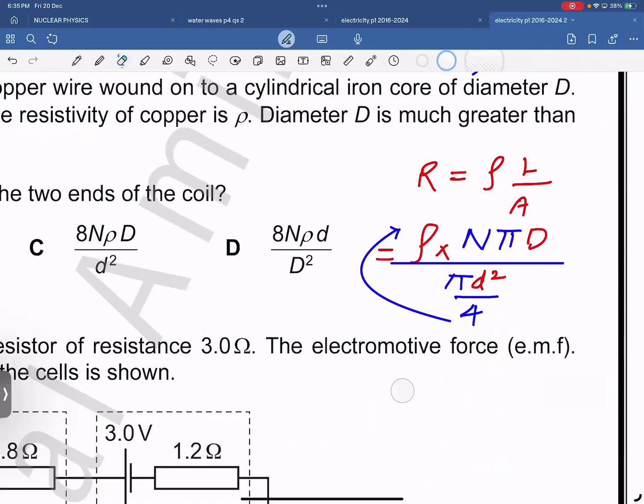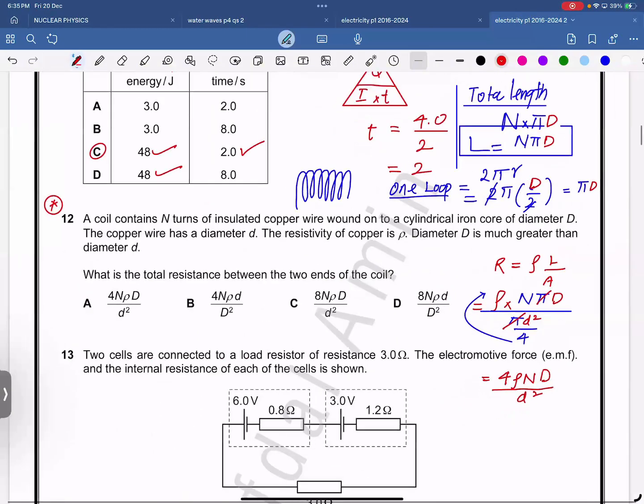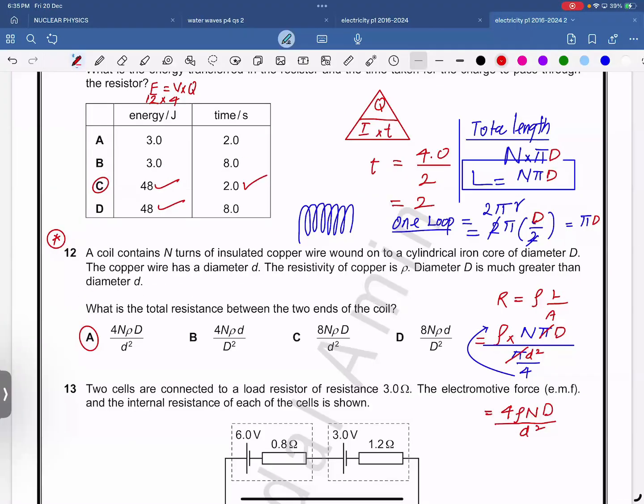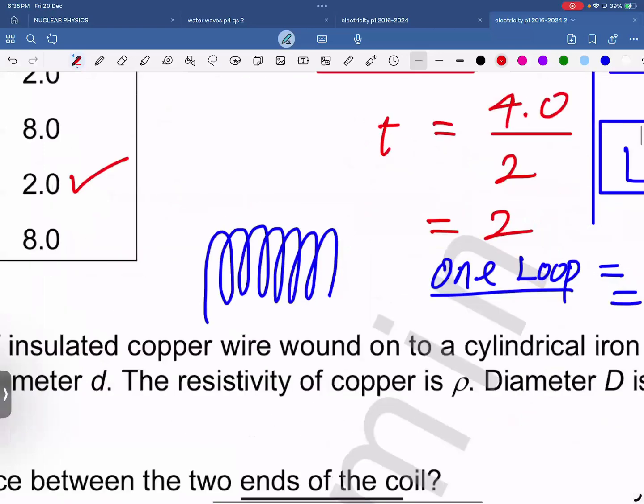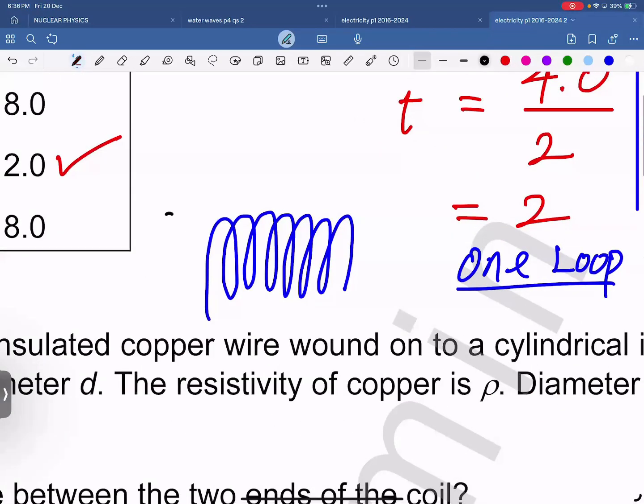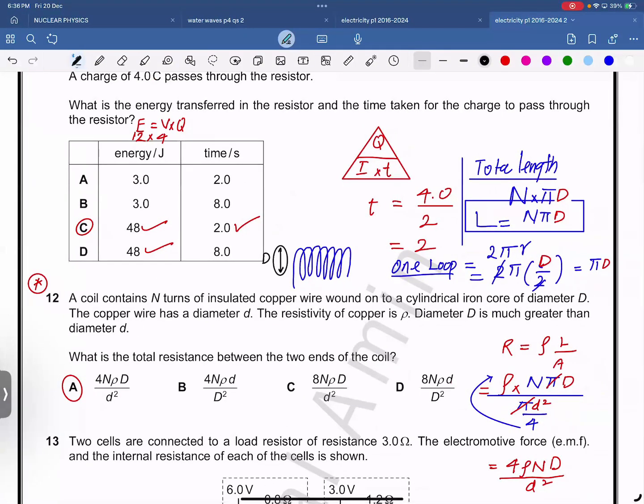So simplify: pi will be cancelled, and it is 4 rho N D over d squared. Option A. Akram is asking why I used capital D for the loop. My dear students, to find the circumference of the circle you need the radius, so this diameter is uppercase D. The circumference of the circle uses the uppercase D.